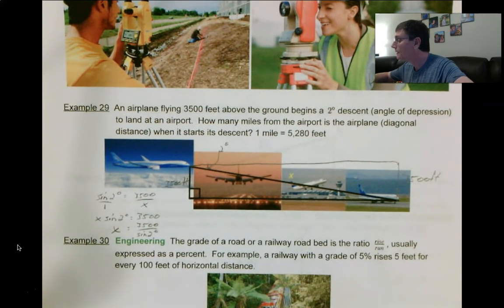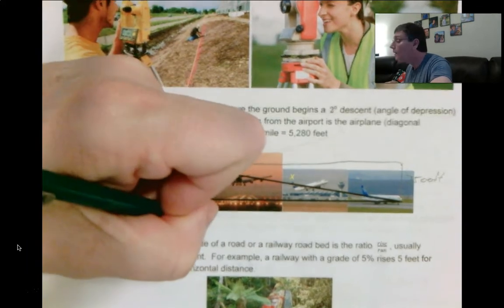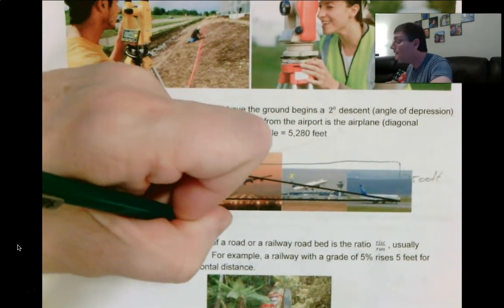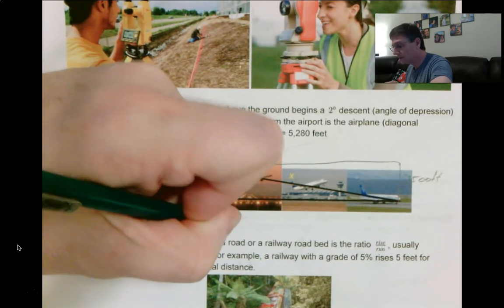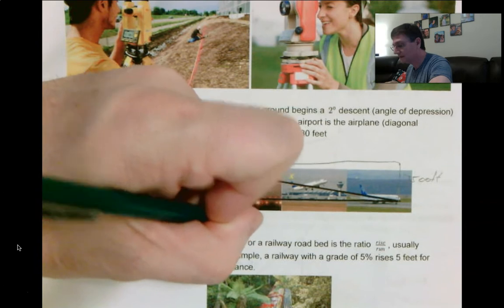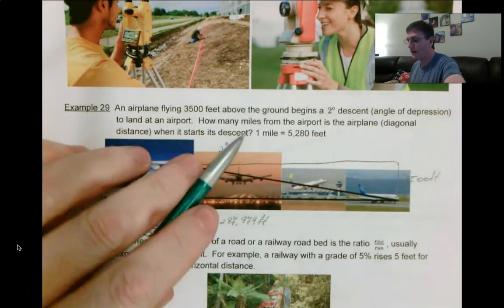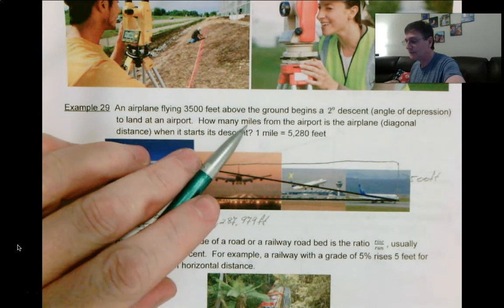3,500 divided by the sine of 2 degrees gives us x equals 100,287.979 feet. But we want to know how many miles that is.